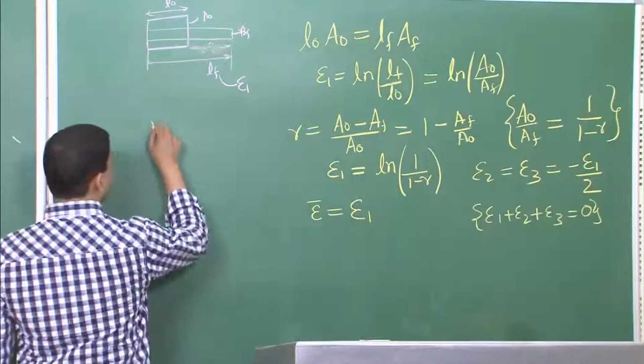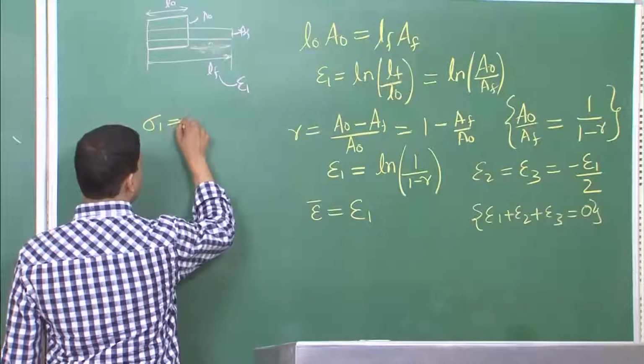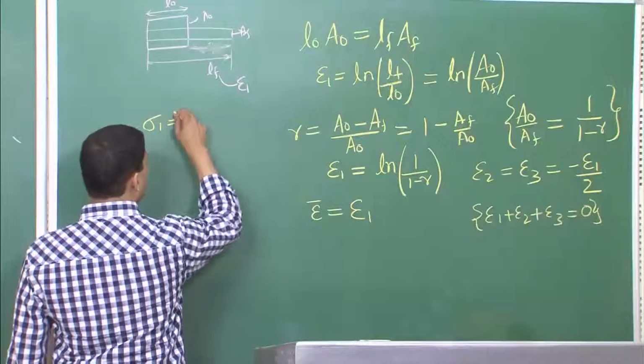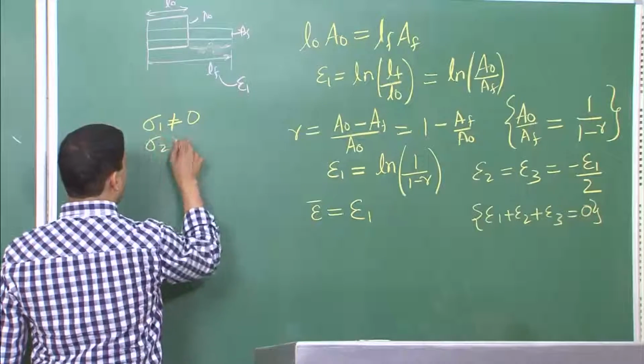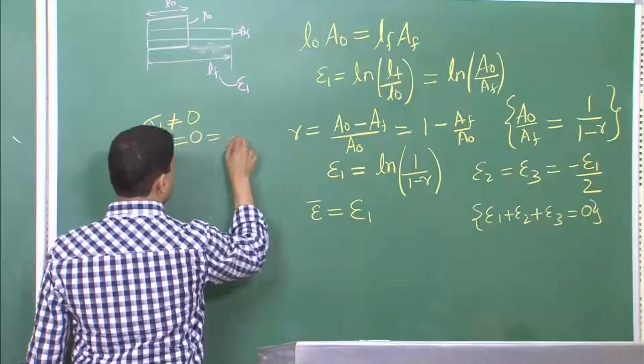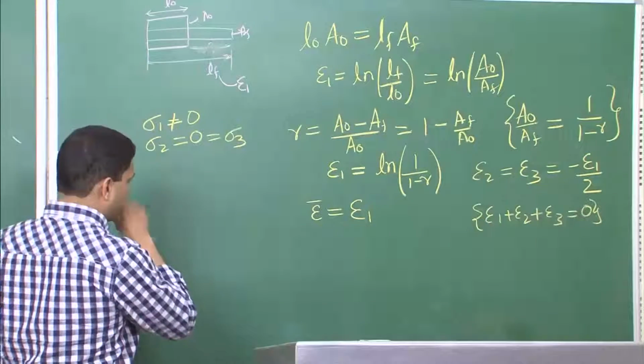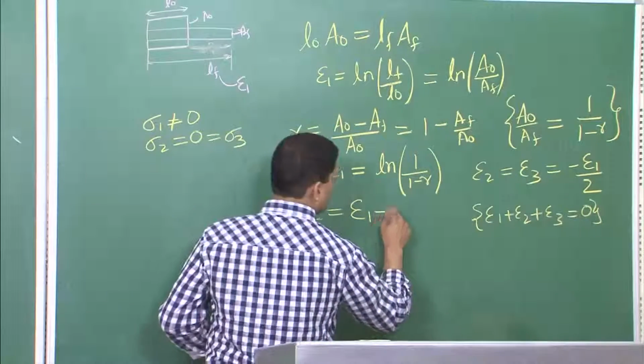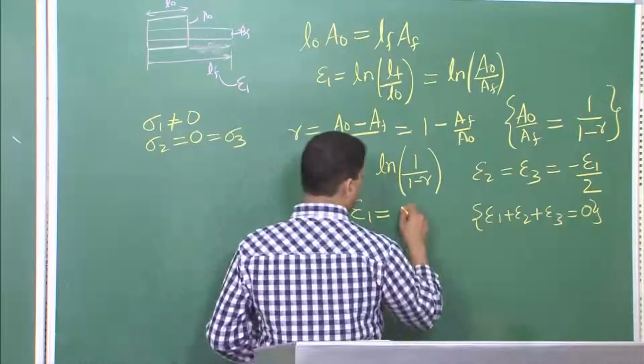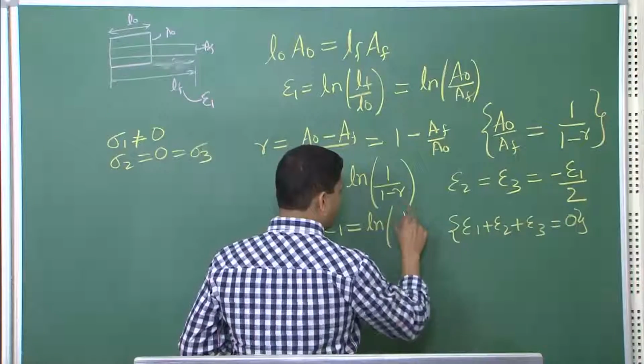What about sigma? You have sigma 1 not equal to 0 and the other two sigma are actually 0.